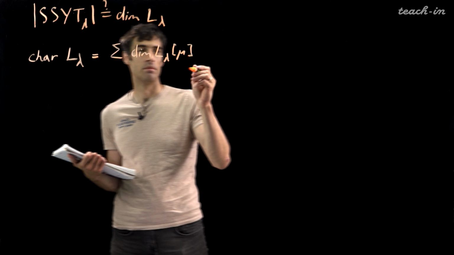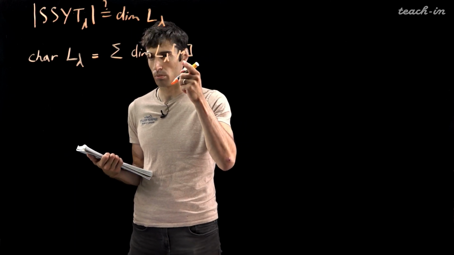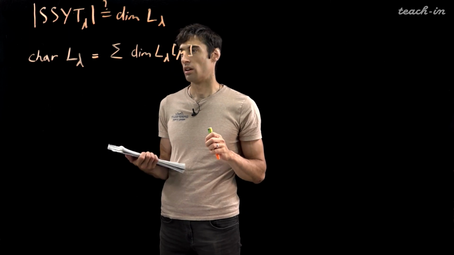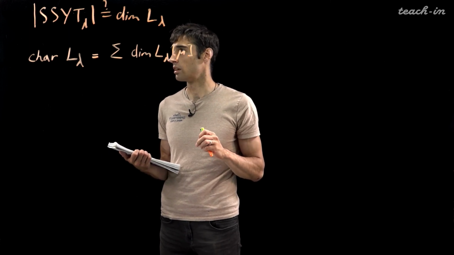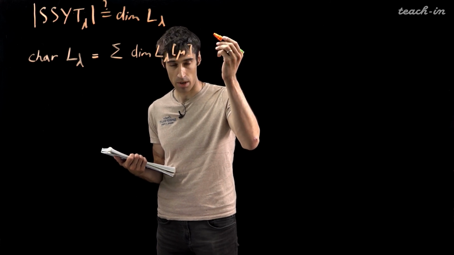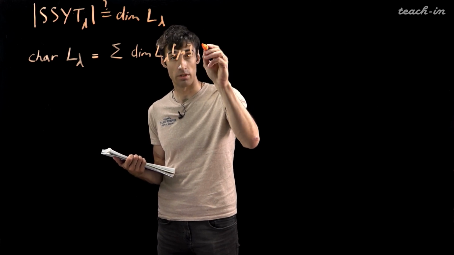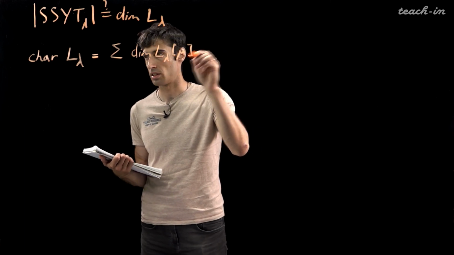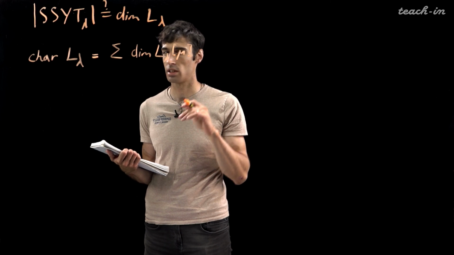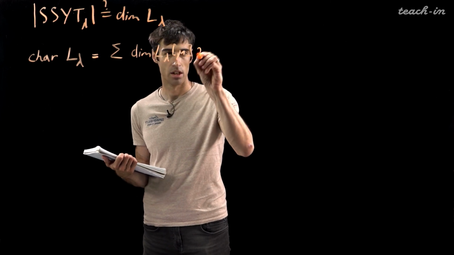And here mu are tuples of non-negative integers. And so the character of L lambda is, in this case, a polynomial in n variables.